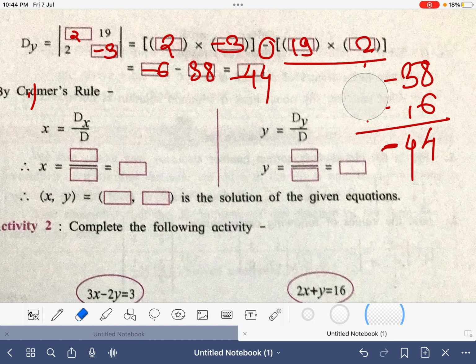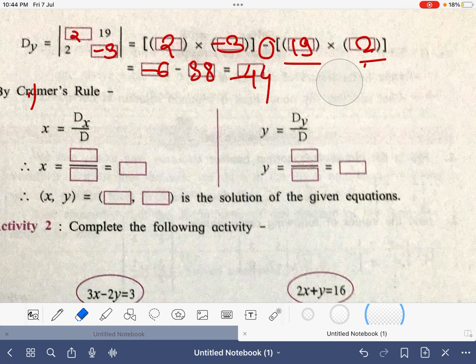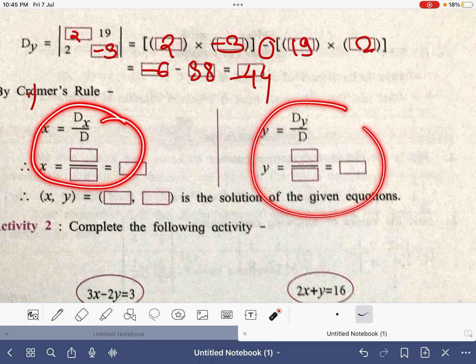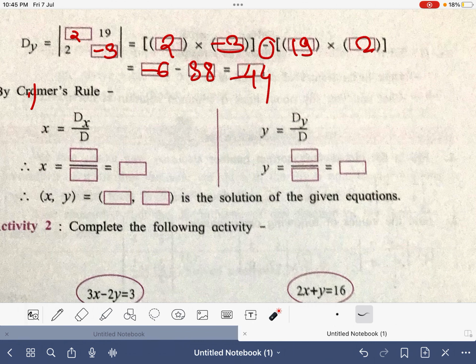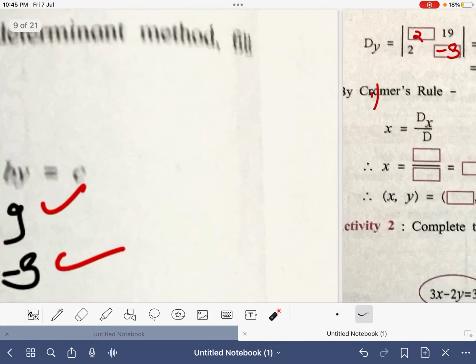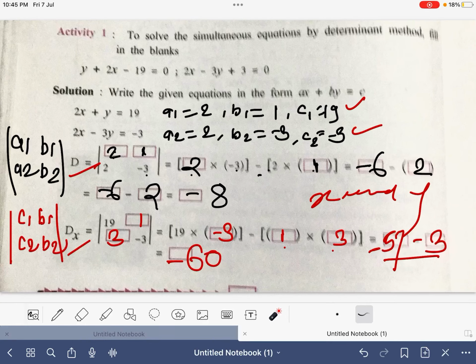Okay, now simplify. So we get the value of Dx, the value of Dy, and we get the value of D. All these values we have to put in this formula to get the value of x and y. So first of all write down what is the value of Dx. Go back and check it, what is the value of Dx. Okay, it's minus 60.